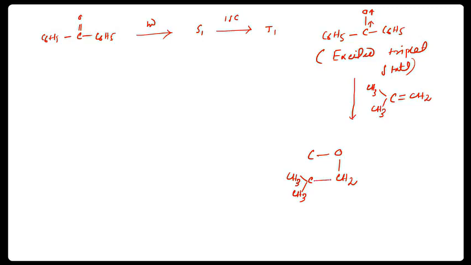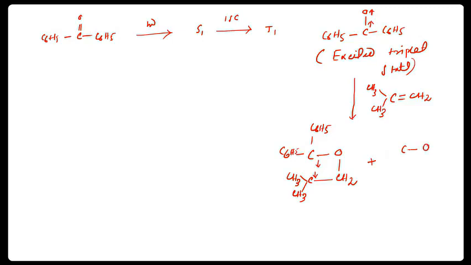This is the alkene, and we have two phenyl groups over here, C6H5, C6H5. Look, the spin state is the same, like triplet. Here this carbon end adds to the oxygen end. Here this carbon end will add to the oxygen end. We will come later to which is major and which is minor.